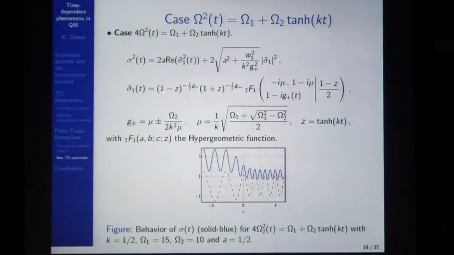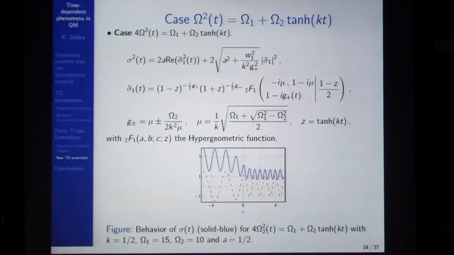And the last one, just to finish my talk, is, well, what happens if gamma is a function of time? So here we have a hyperbolic tangent. You can see here like a constant, which takes values omega 1 minus omega 2 at given times, and then changes smoothly to omega 1 plus omega 2.